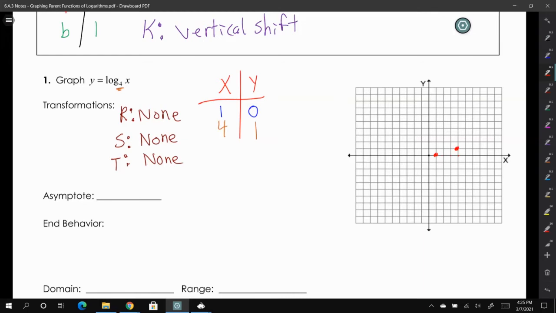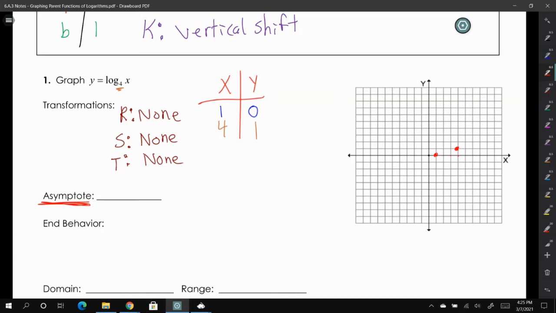Now you see the word asymptote here, and that should bring back memories of graphing your exponential functions where we had a horizontal asymptote. Well, remember that logs and exponential functions are inverses of each other. And when you find the inverse of a function, you switch x and y.